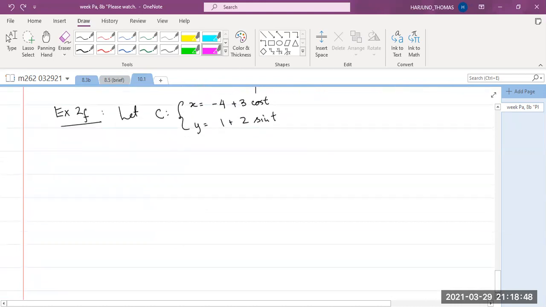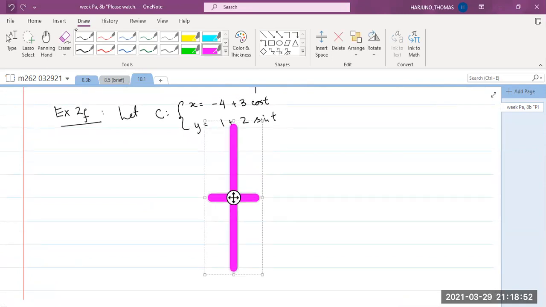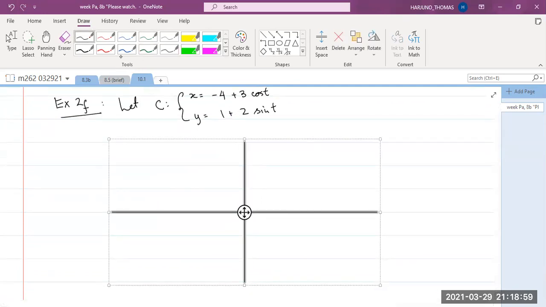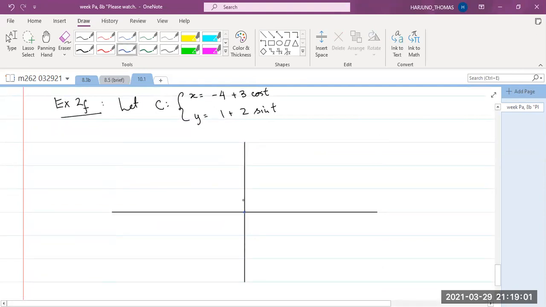The center originally is 0, 0. Now you move 4 units to the left and up 1. Now the center will be there, with the same ellipse.